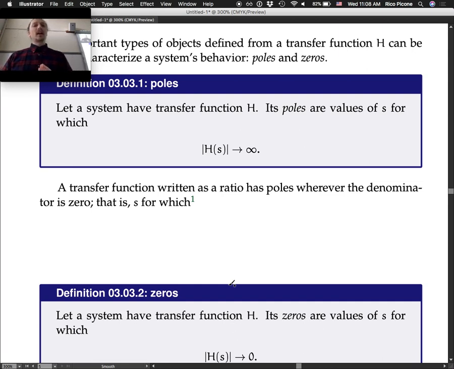If it's written as a ratio, it has poles wherever the denominator is 0. That is, s for which, we're going to use this denominator operator function here, den, the denominator of h of s equals 0.